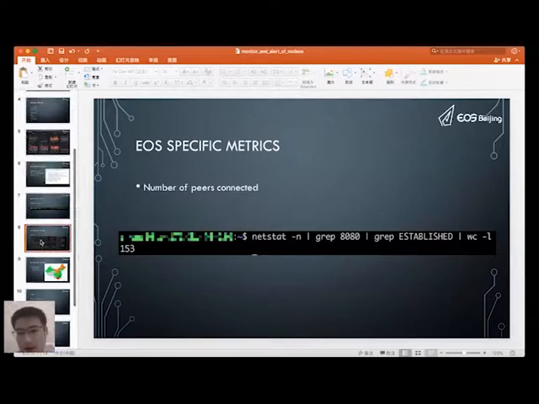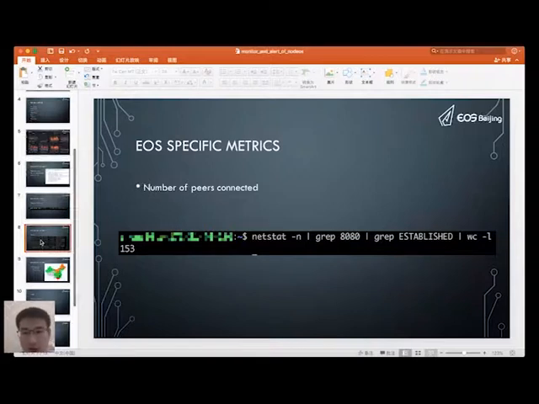And also, I think you will need to pay attention to the latency between you and others, because when the latency is high, it means that there is something wrong between you and others, and it may cause some problems.